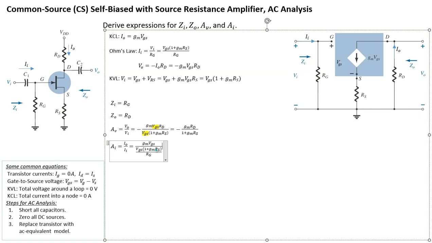Again, VGS cancels out, top and bottom, and then RG flips to the top. So what you have is GMRG divided by 1 plus GMRS. And that's it.